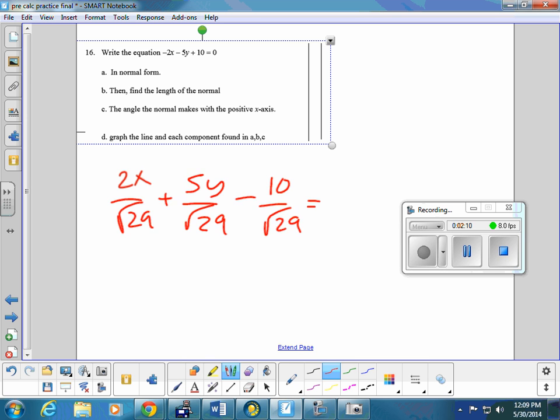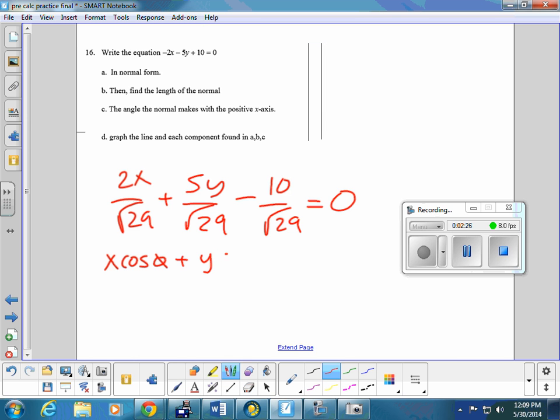And we know this is normal form because normal form says it's x cosine phi plus y sine phi minus p equals 0. So you can see that p is that.